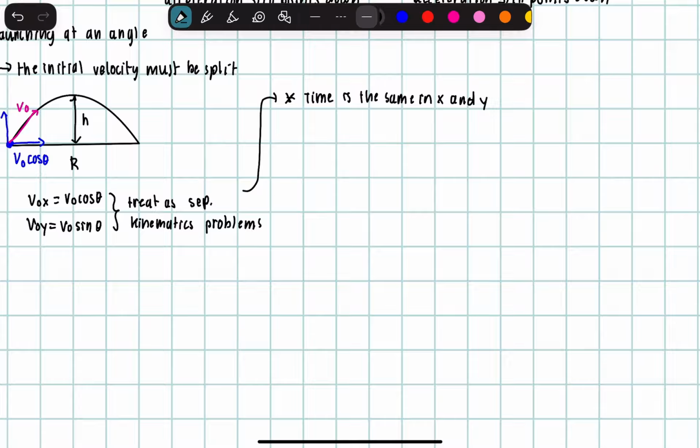And remember, when you're moving forward, you move forward in both the x and y direction. So those both have to have happened within the same time interval. And that's the thing that unites them, because it happens in the same amount of time.